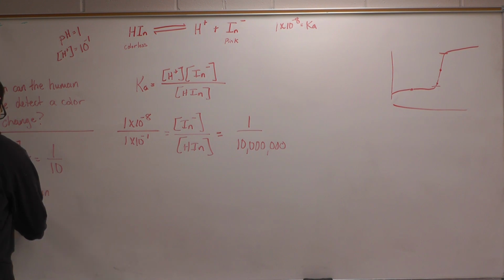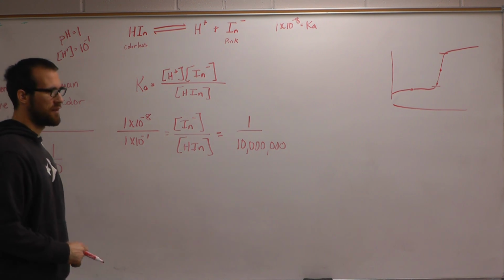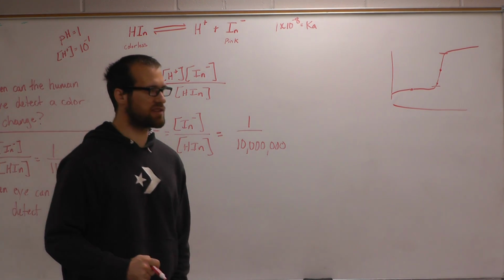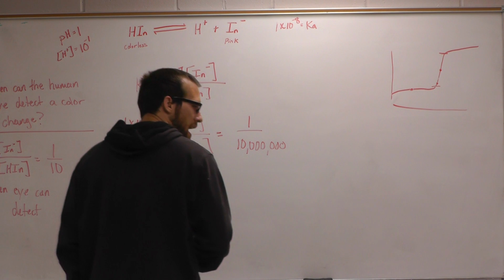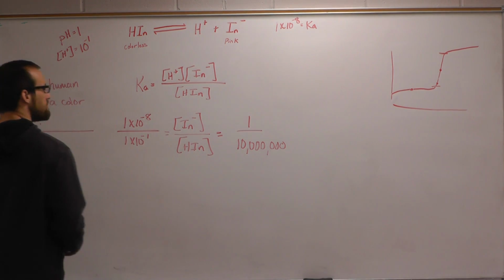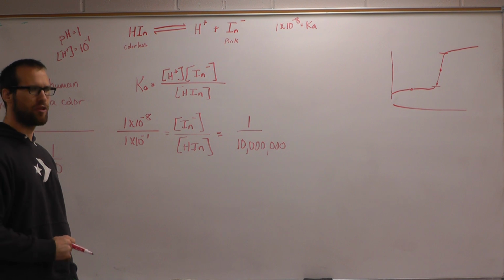That way you can guess there might be a change, or you can definitely tell there has been a change. A 1 to 10 ratio usually has enough of a color change that it's noticeably detectable. Okay, it's not just faint. I mean, it might not be drastic, but enough that you could tell.